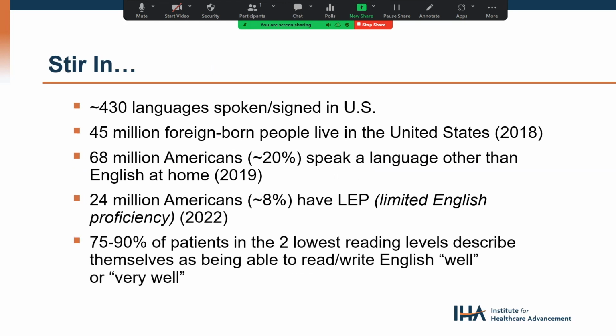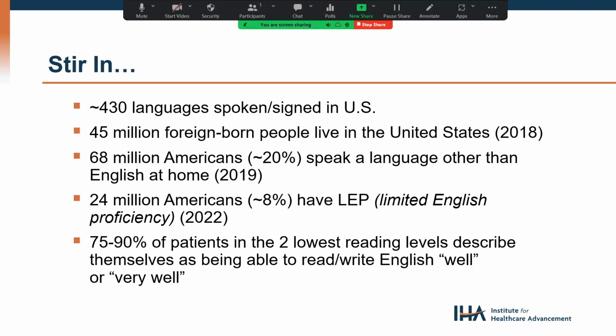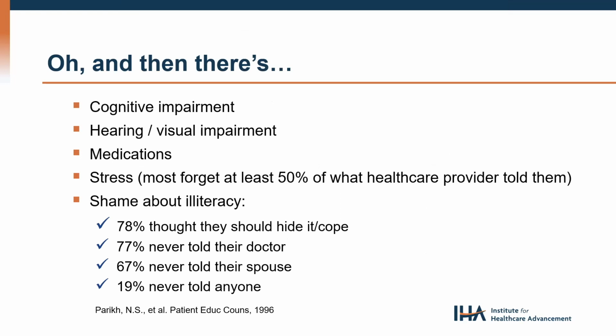And here's the most insidious one of all: 75 to 90% of patients in the 2 lowest reading levels describe themselves as being able to read or write English well or very well. So we really can't rely on people to tell us, "Hey, I'm not a great reader." Then, of course, there are things like cognitive impairment, which can be brought on by age, disease process, or medications.